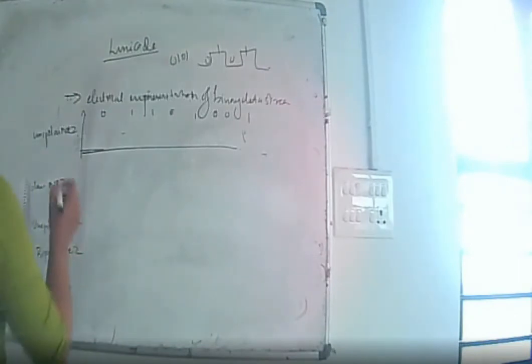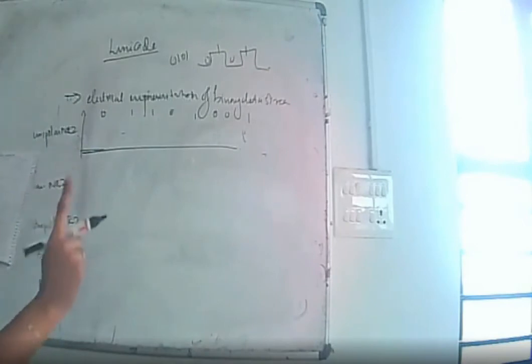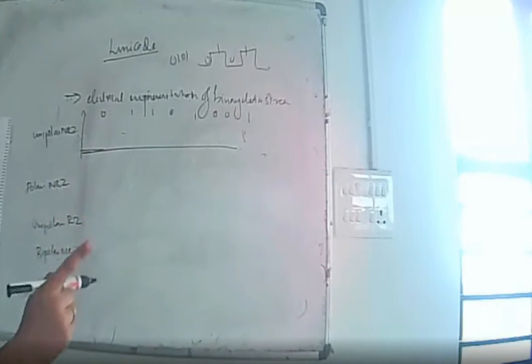Here in unipolar, symbol 1 is represented by transmitting a pulse of amplitude A for the duration of the symbol, and symbol 0 is represented by switching off the pulse, and it is called on-off signaling.